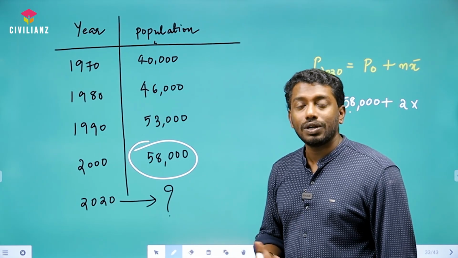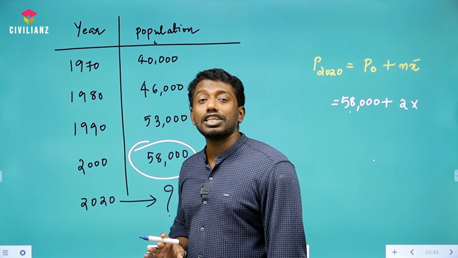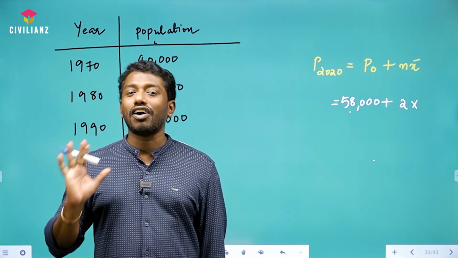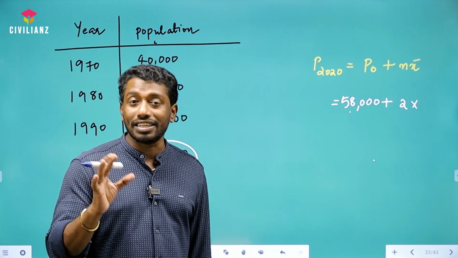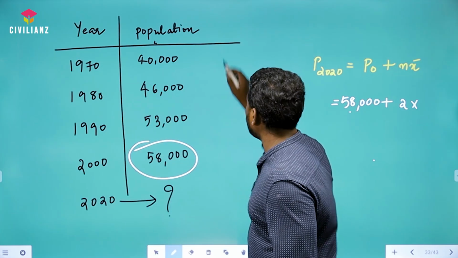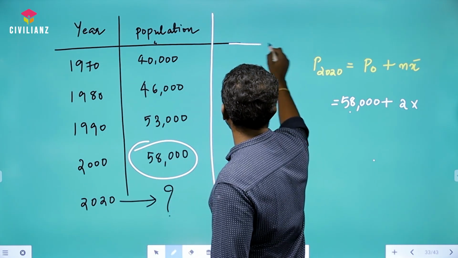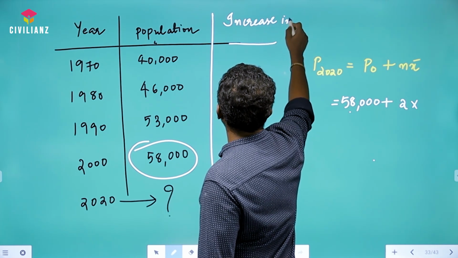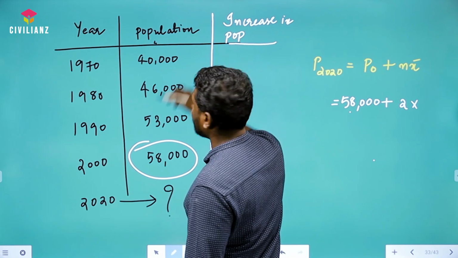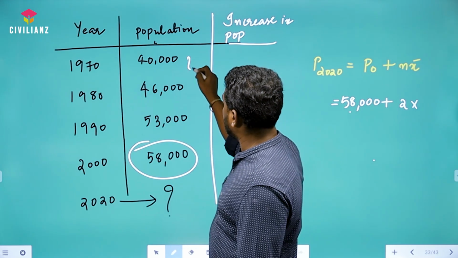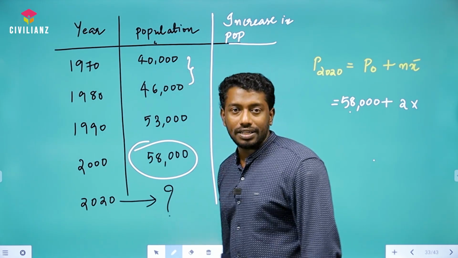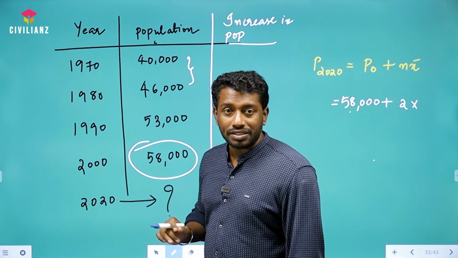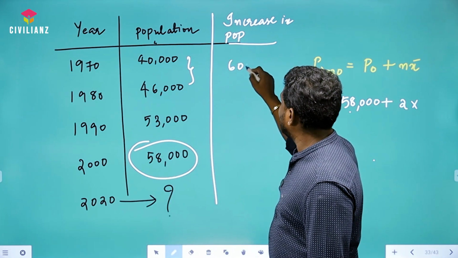And finally x bar. What is x bar? It is the average of increase in population, right? So we have to find the increase in population in each decade, so there should be a third column, increase in population. During the first decade, the population increased from 40,000 to 46,000, so the increase is 6,000.